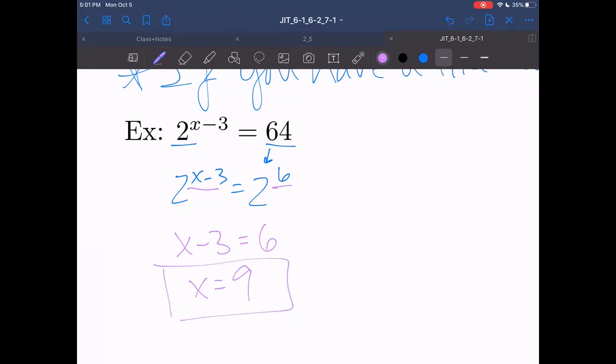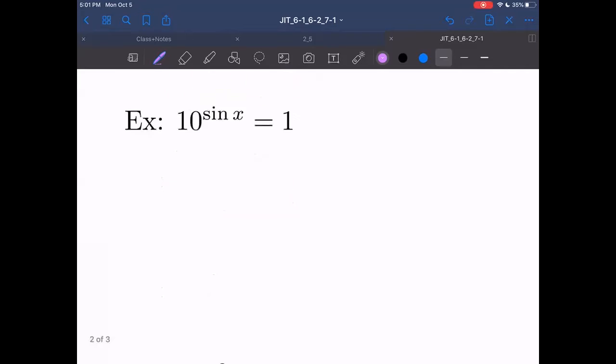Okay. If we've got a sine in here, same way. So how can I rewrite 1 as a power of 10? Well, anything to the 0 is equal to 1. So I can rewrite this as 10 to the 0. Okay, and then I can set my exponents equal.